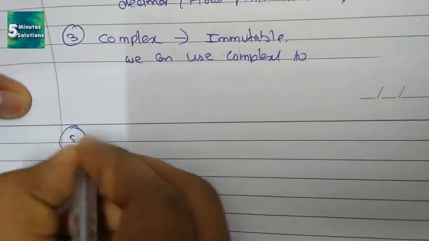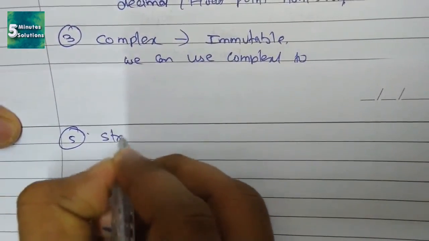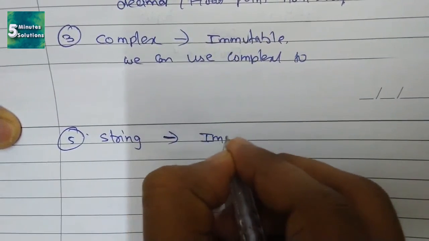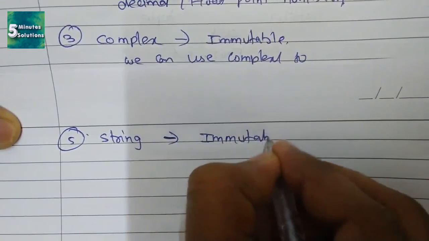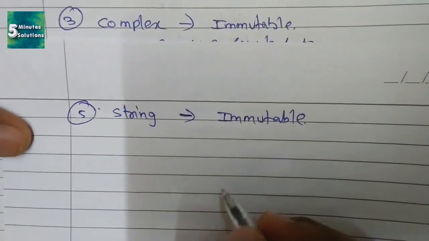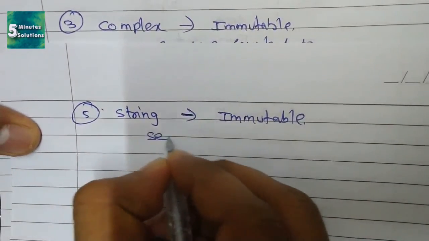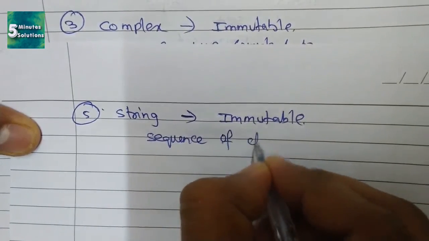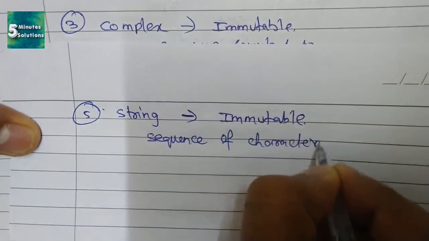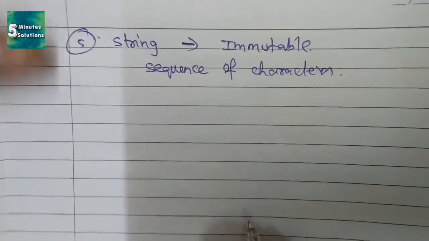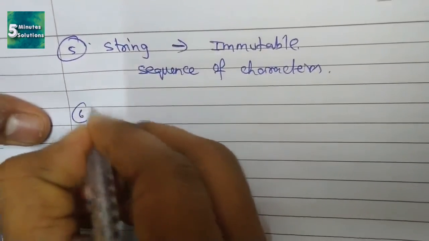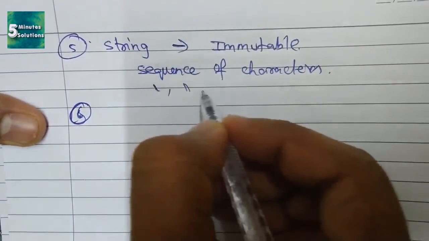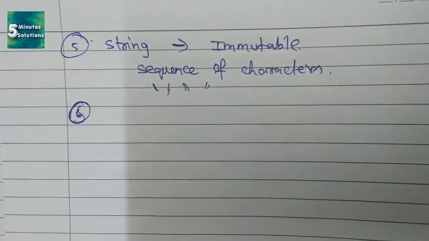Fifth one, that is string. It is important. String is immutable, and string is used to represent a sequence of characters. Anything represented in single quotes or double quotes is a string.